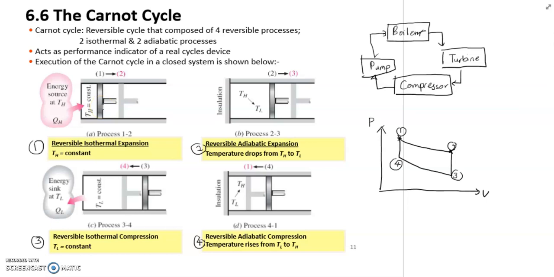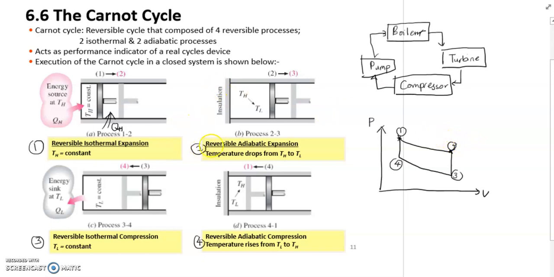But take note that at the same time, some heat QH is transferred from the reservoir into the gas. So even though TH is decreasing as the gas expands, you apply some heat, so it balances out until the piston reaches position 2. Because your temperature is balanced out, TH will remain constant from process 1 to process 2.